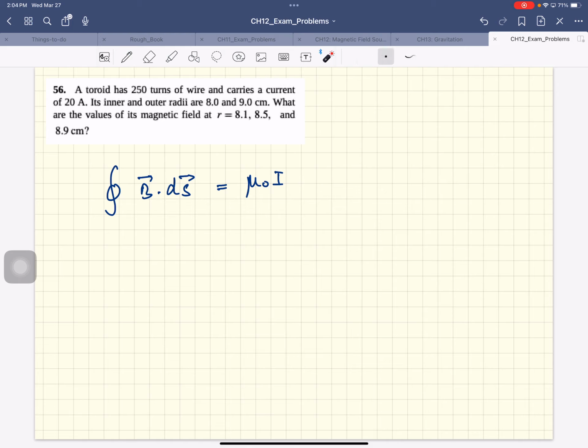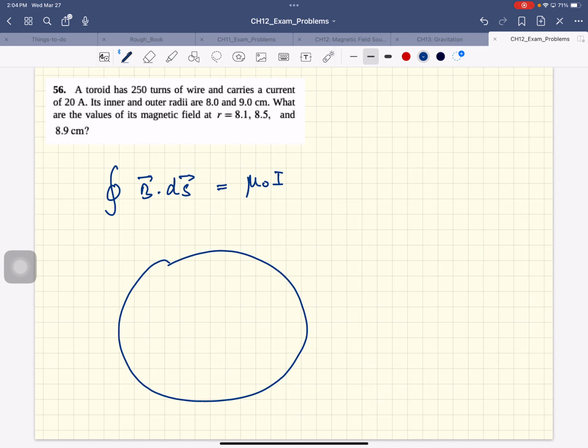All right, so this is a toroid, has 250 turns of wire and carries a current of 20 amps. Okay, so a toroid is a donut-shaped region, and this is wound with wires. So the current is coming out here and going in here. Current is coming out here, so it's wound like so, and current is coming out and going in like this.